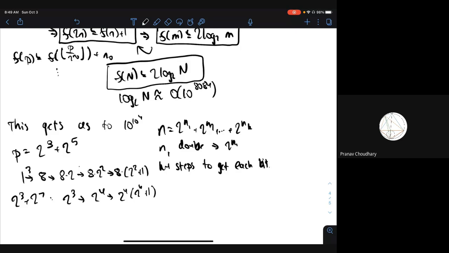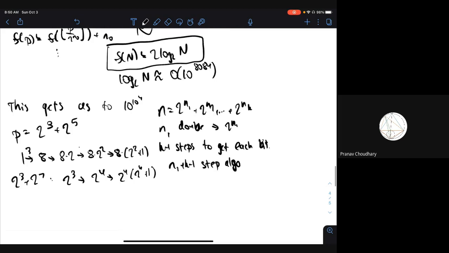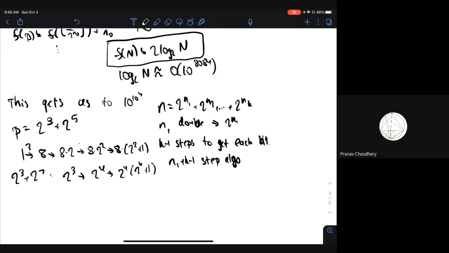Then k minus 1 steps to get each bit, so we build up bit by bit. This is enough to get us an n1 plus k minus 1 step algorithm. And that is enough to give us this bound of 2 log 2 of m. That's because n1 is less than log 2 of m by construction, and k is also less than log 2 of m clearly. So the bound is bad, but it's enough for us.